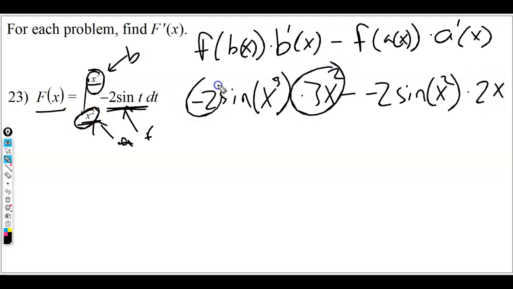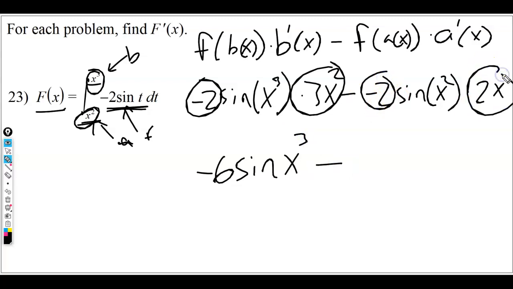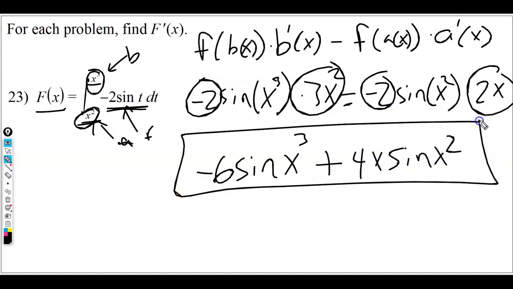And if I multiply this times 2, I'm going to get negative 6 sine x cubed minus, if I multiply this by this, I'm going to get negative 4x, but there's also a minus there, so it becomes plus 4x sine x squared. Okay, and that's the second fundamental theorem of calculus.